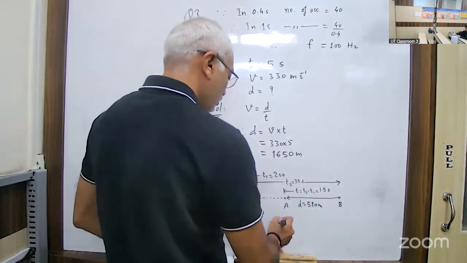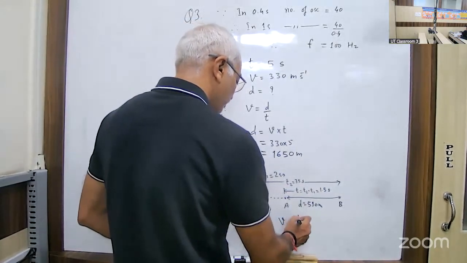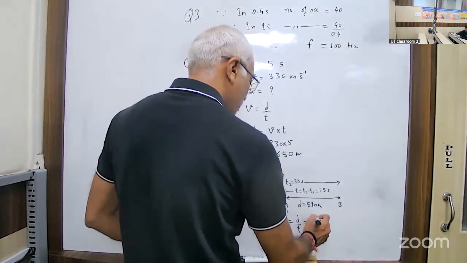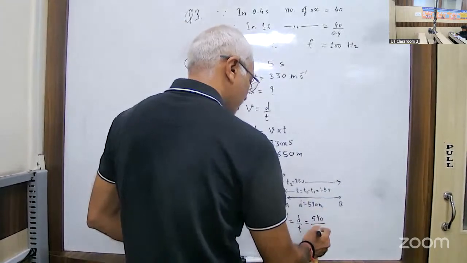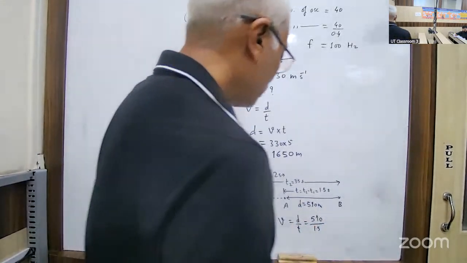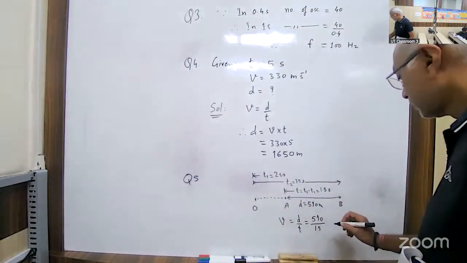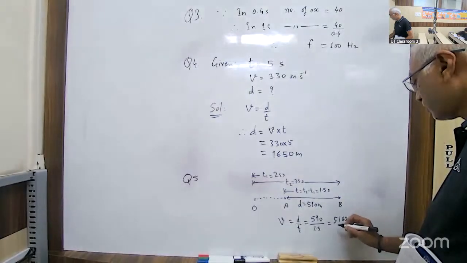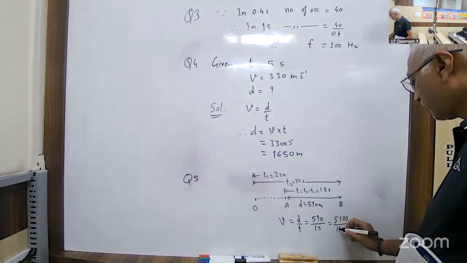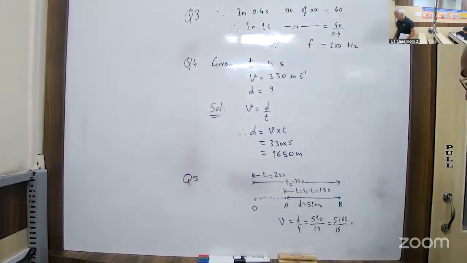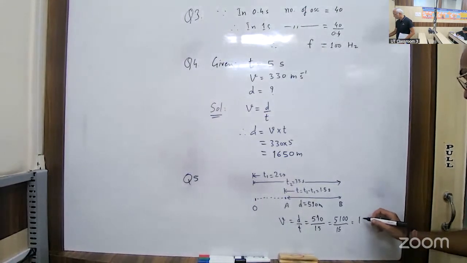So due to the different distance of the tanks from the observer, there is a difference at which the respective sounds are heard. So you have to find what is the speed of sound. So this is how you'll find the speed of sound. So V is equal to d by t. So to travel distance 510, sound must have taken 1.5 seconds. Okay, find out how much is the answer. So this will be 5100 divided by 15. Yes.